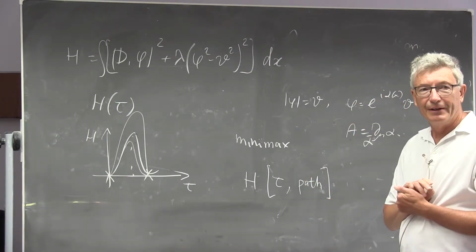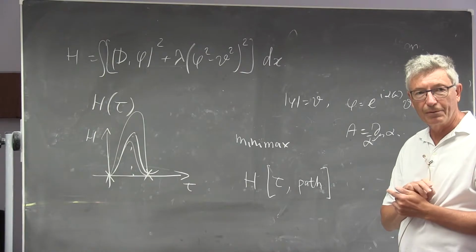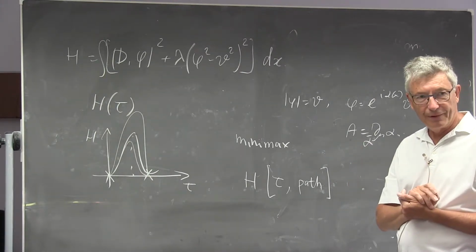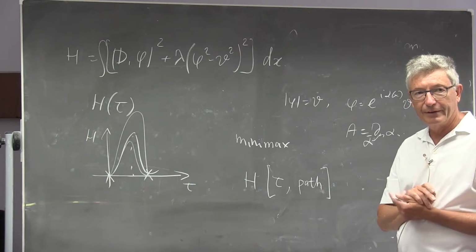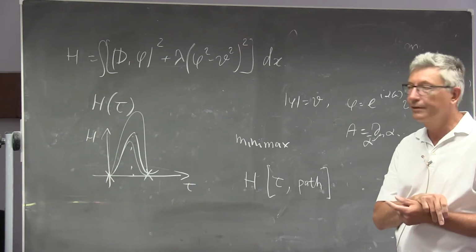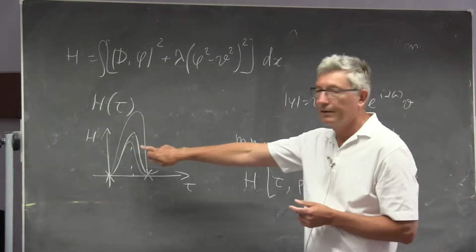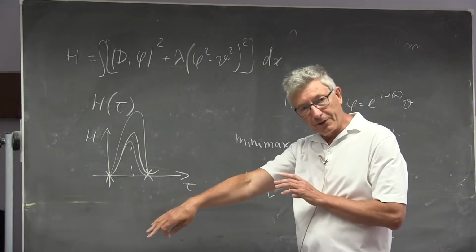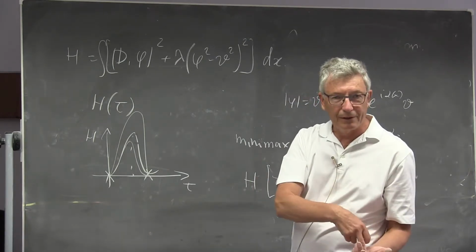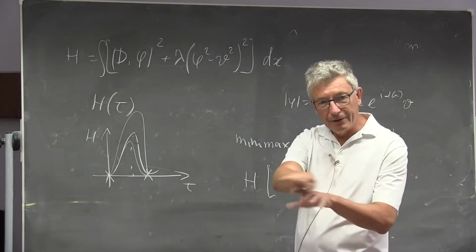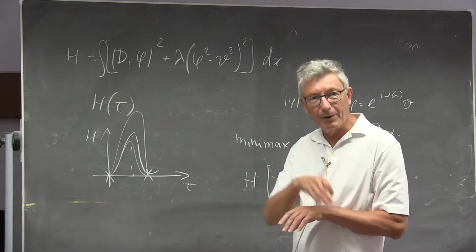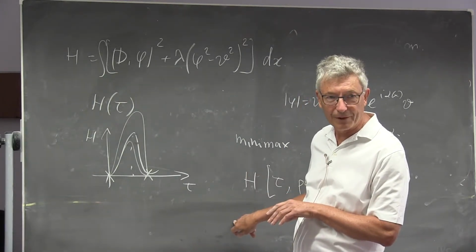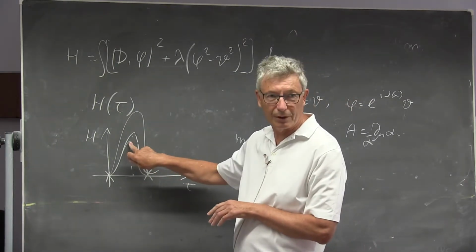Okay? So now what you do is the following. You pick up a particular path, and within this particular path, you find the barrier height. You take another path, you find the barrier height. And then you minimize the barrier height with respect to the path. Okay, and that will give you some number here.